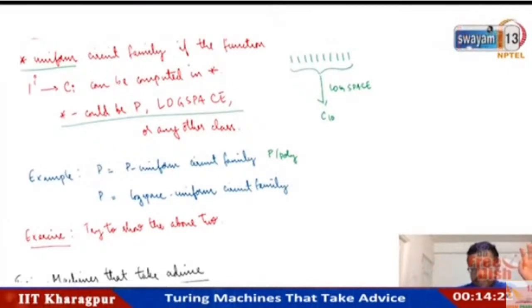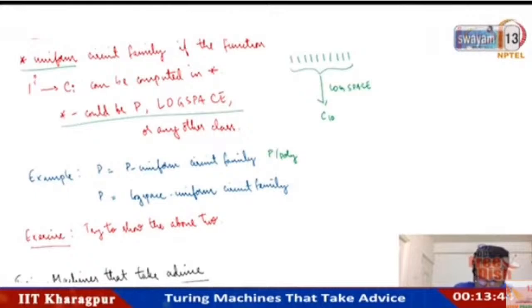And suppose the circuit description is polynomial in size, so it will be P uniform P/poly, and this happens to be equal to P. Why is that? We have already seen that P is contained in P/poly, right? So that still holds even if it is P uniform P/poly. And now to show the other containment, you could use a polynomial time machine to generate the circuit description and also to evaluate the circuits, right? So P is equal to P uniform P/poly.